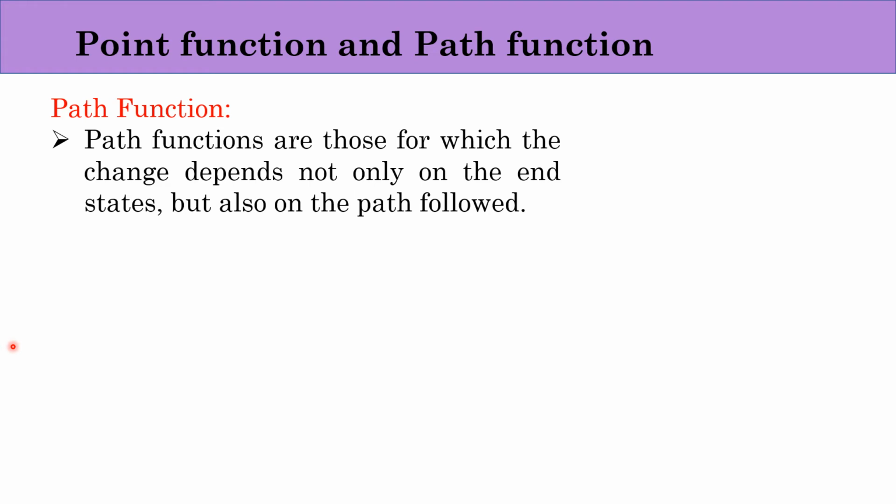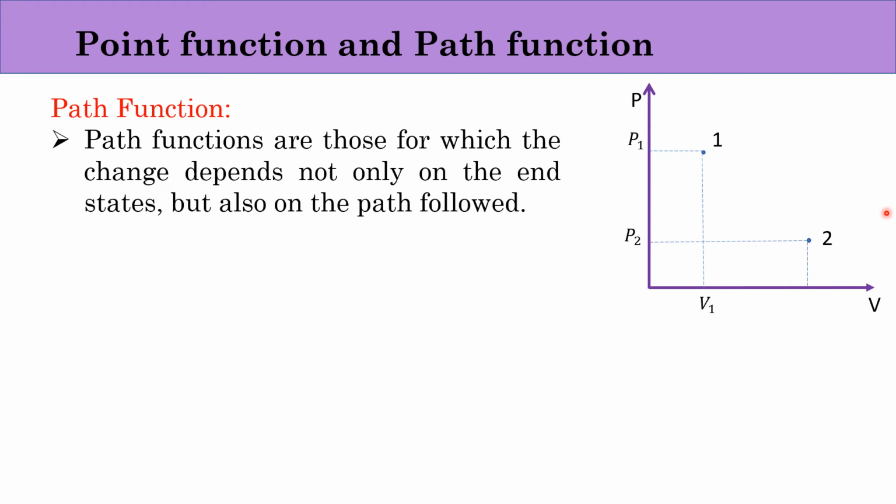To understand this, again I have plotted the pressure and volume PV diagram. In that there are two states, state 1 and state 2. Now the curve which joins these two states, I'll represent by the path P.